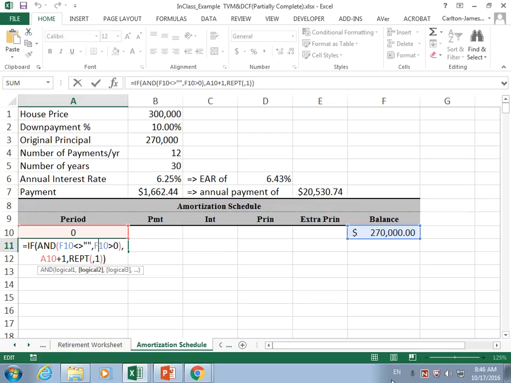And so what was here in A11, we'll just add 1 to it, plus 1. Fair enough? Otherwise, you could, for instance, put a blank cell.